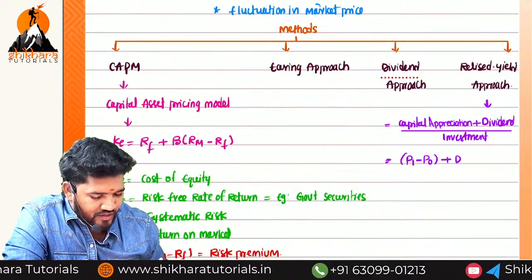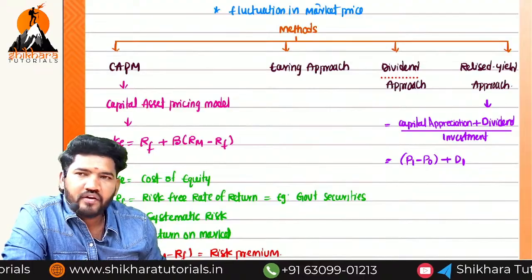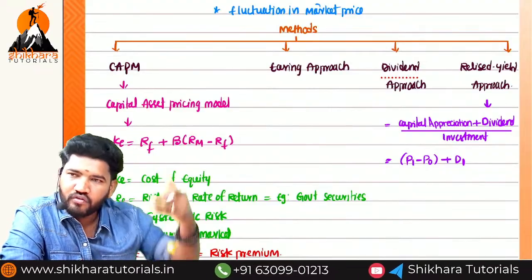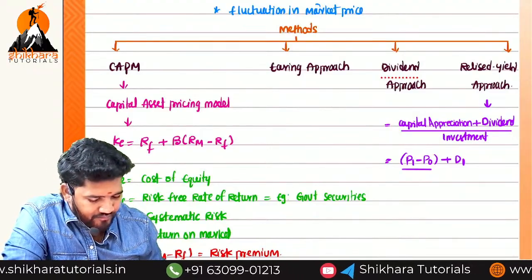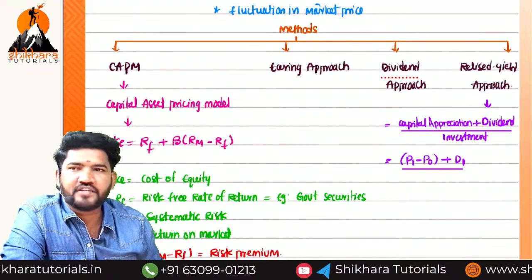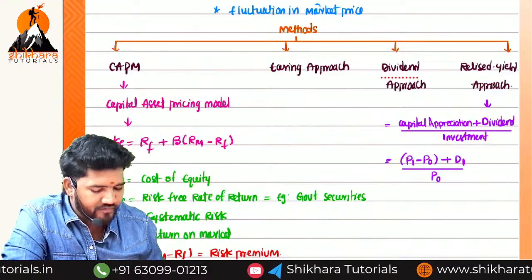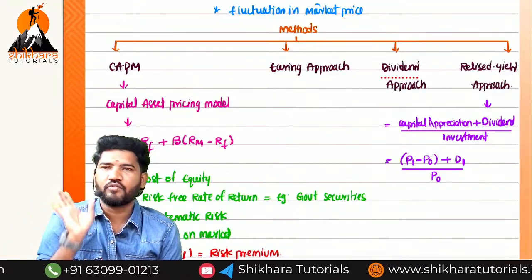Plus D1 or D0? D1, because I am calculating today, but the dividend will be received in the future. Divided by the investment per share, P0 or P1? P0. That is the formula. So the problem is over, and the concept is also over.